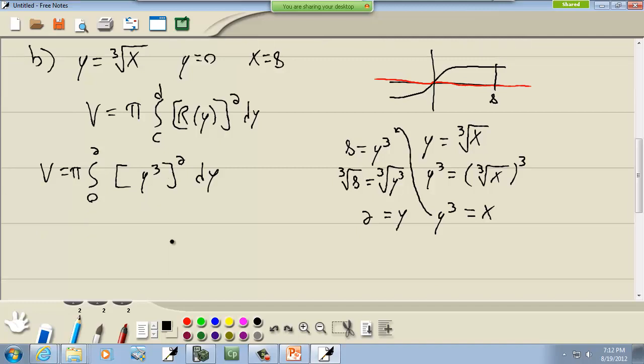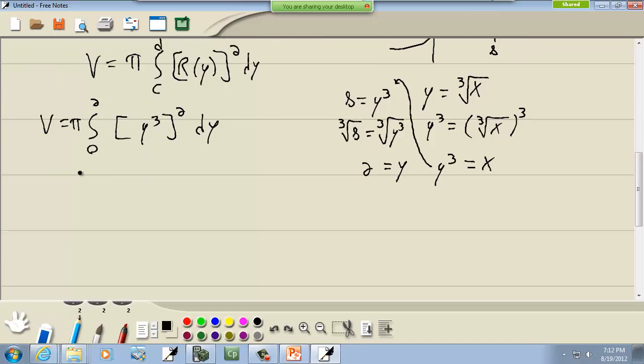So let's do this one. Well, y to the third raised to the second power gives us y to the 6 dy. Add 1 to our power, divide by our new power, so we got 1/7 y to the 7th, 2 to 0.